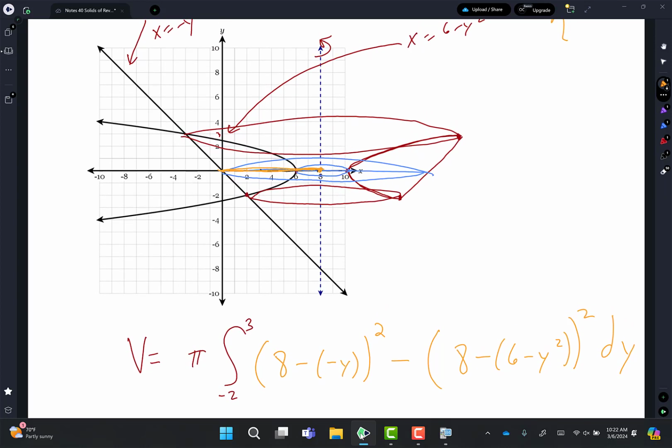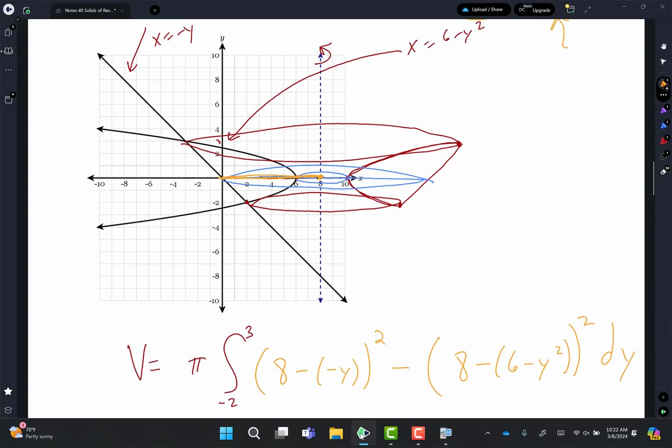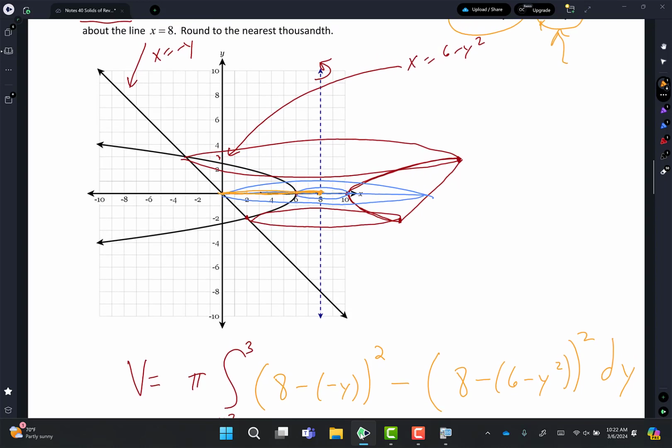Oh, because I'm doing it with respect to the y value. The y value way over here is 3, and I have to take all those slices. So I don't see it stopping at 2. It keeps going all the way to 3, unless you were talking about x values. Do you know what I mean? Yeah, I have to keep going all the way to 3.